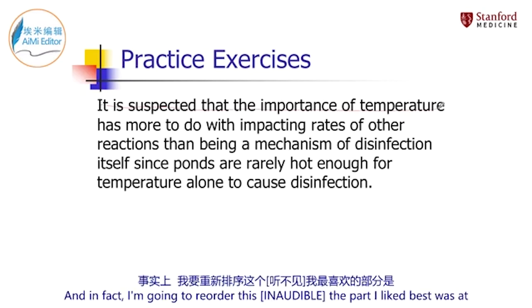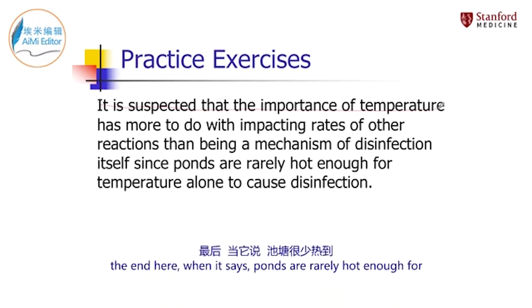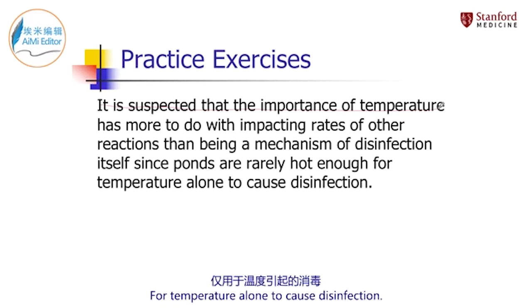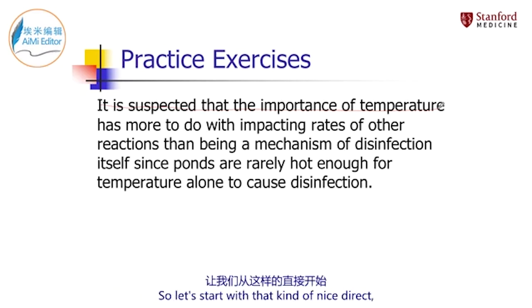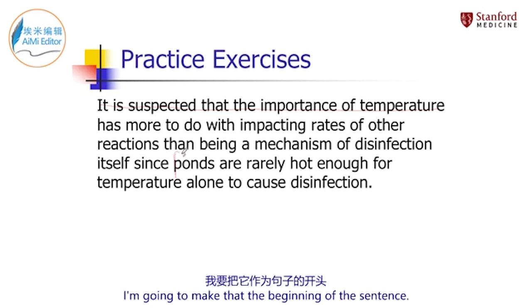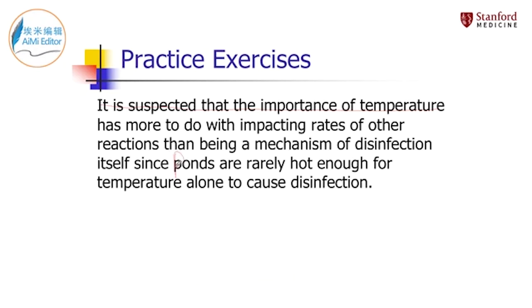And in fact, I'm going to reorder this sentence. The part I liked best was at the end here when it says, ponds are rarely hot enough for temperature alone to cause disinfection. I like just jumping into that explanation. We're expecting that maybe it's the temperature itself that causes the disinfection, and they're right off the bat saying, no, that's not the case. So let's start with that, nice and direct. I'm going to make that the beginning of the sentence.